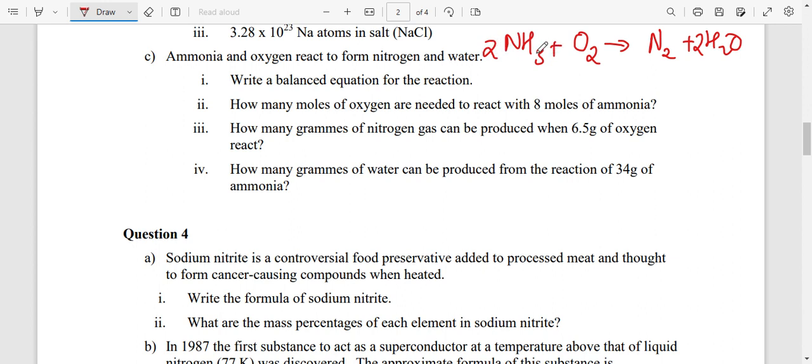This makes the hydrogens 6. Okay. So to balance the hydrogens, which are 6, I'm going to put a 3 here. Now if I put a 3 here, that is going to make the hydrogens 6. The oxygens are now 3.